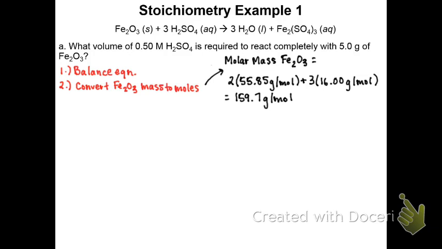So now we take the initial mass of iron oxide, and we want to convert to moles, so that means we need to divide by grams and multiply by moles, so we're just dividing by the molar mass.